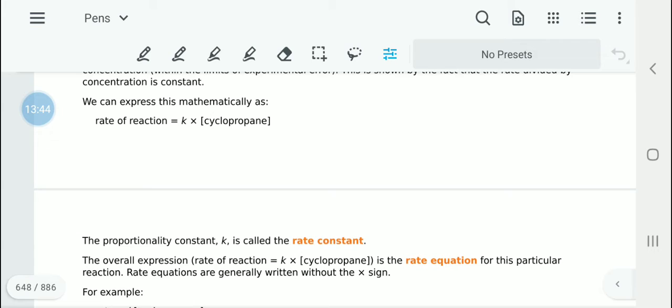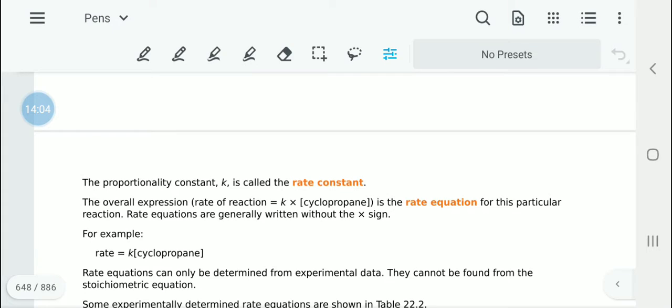But if it is for cyclopropane, k into concentration of cyclopropane. It could depend on several factors, on how you develop the rate equation, so it might change from one equation to another.